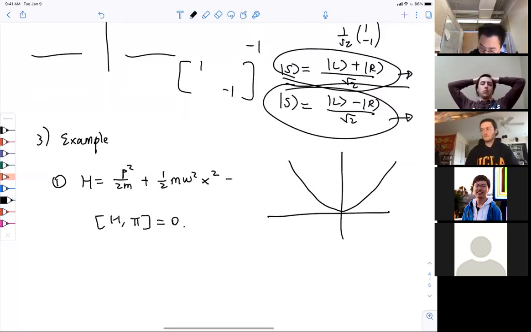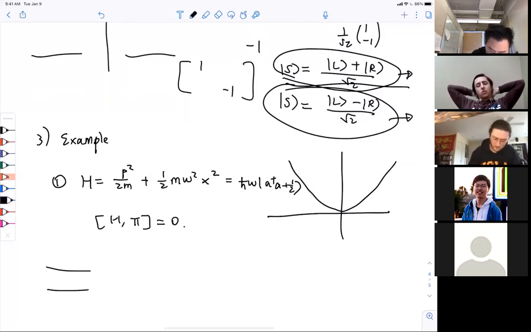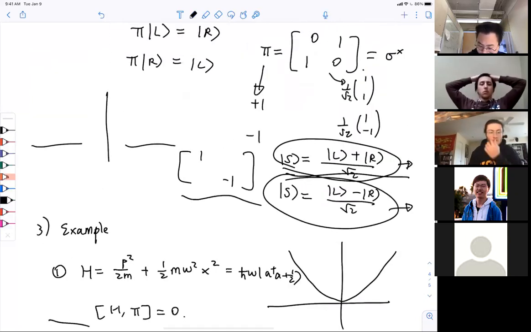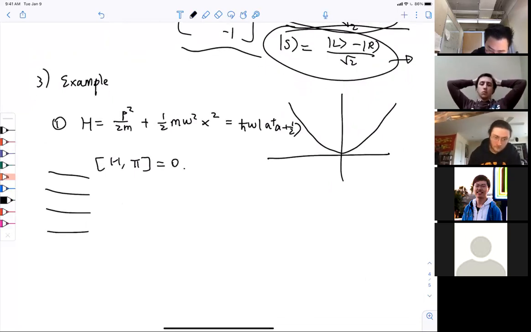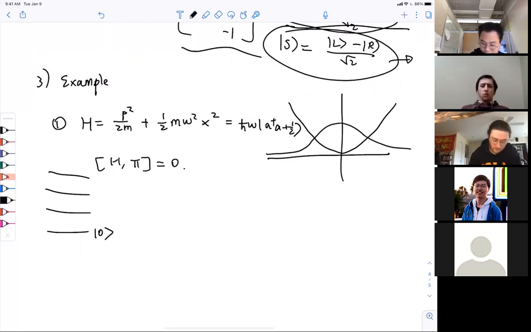From the standard procedure, for the eigenlevels there's no degeneracy, meaning that we don't need to do this kind of diagonalization procedure. Each state must be either an odd or even state. For the ket 0, the ground state, we know it looks like this. It's an even parity state, and the state 1 is given by a dagger acting on 0.